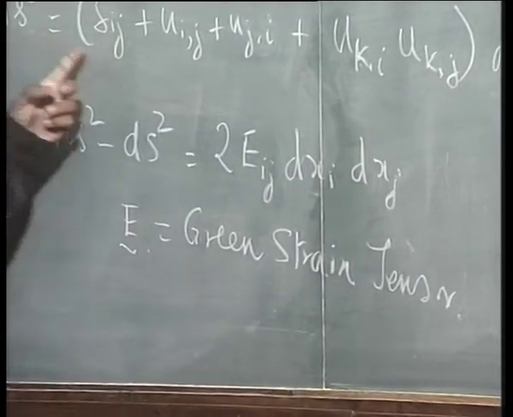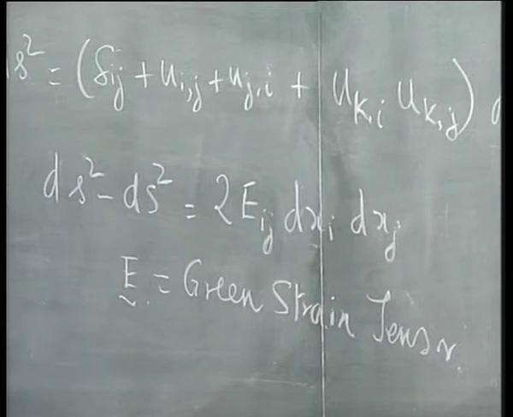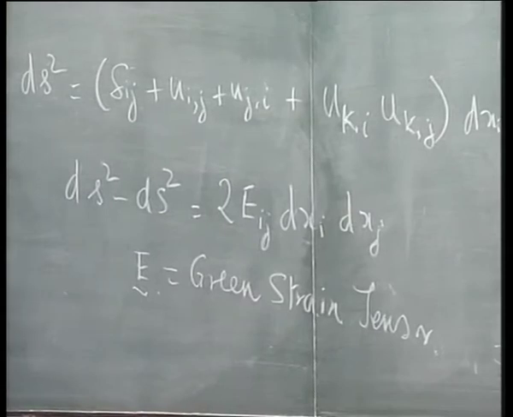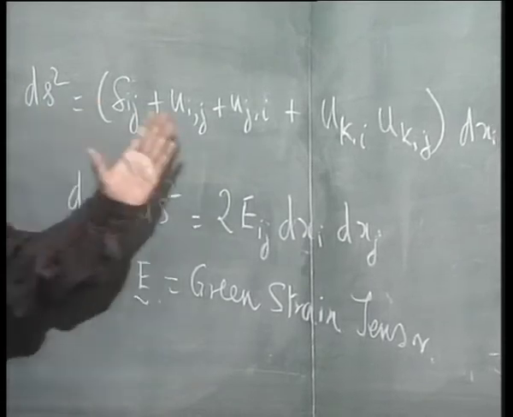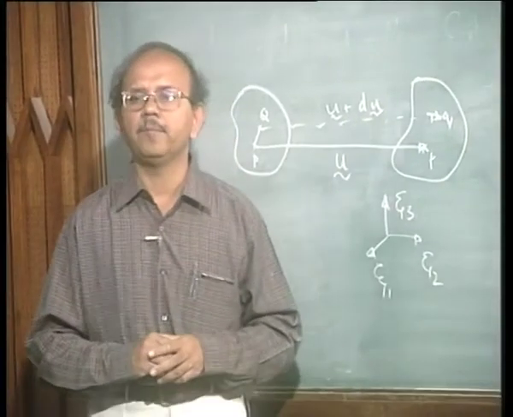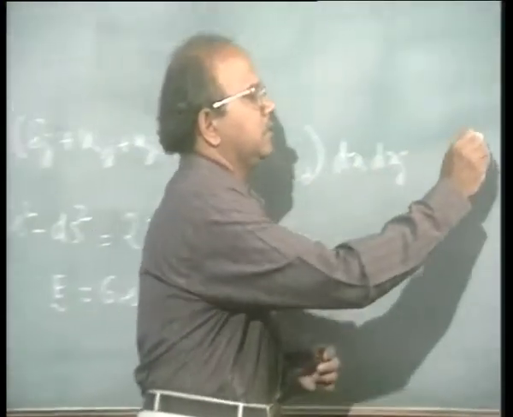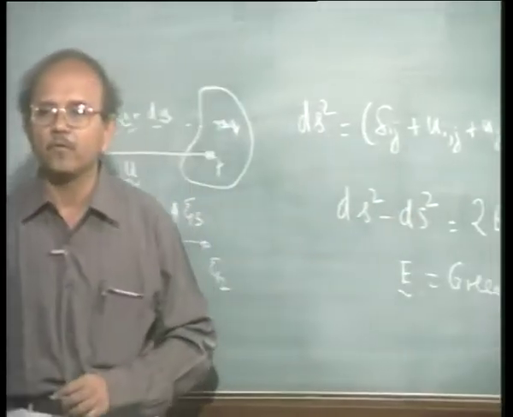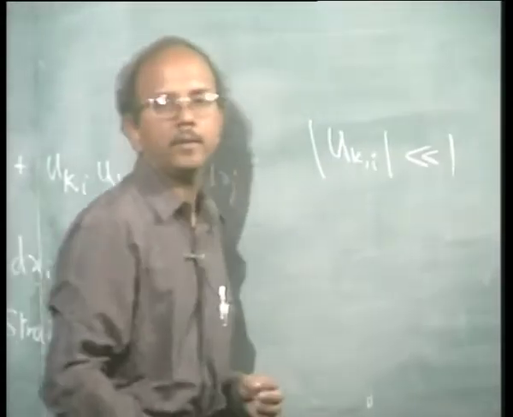Now, this term is very accurate. In other words, I have not made any approximation, if you had noticed, when I wrote down this term. It is by simple calculus that I wrote this. I had not made any approximation there. Okay. So, at this stage let me make an approximation. Let me say that this term uk comma i, or in other words the gradients of u, is very small when compared to say 1.